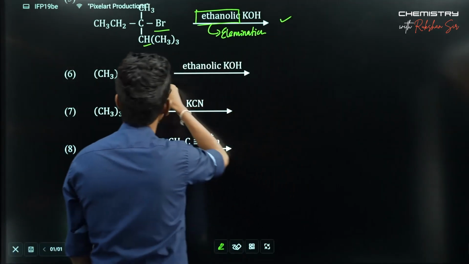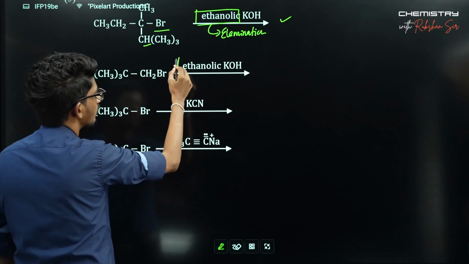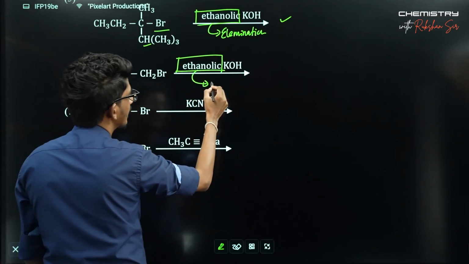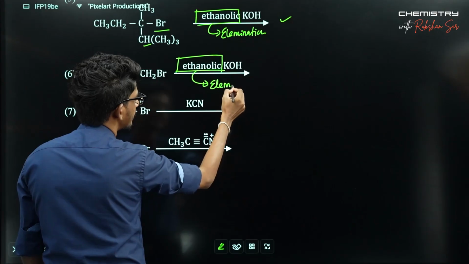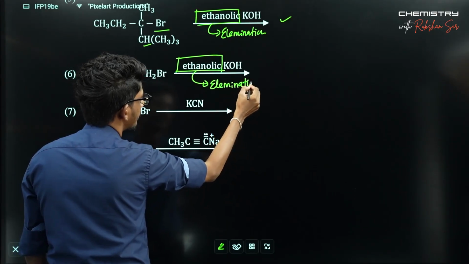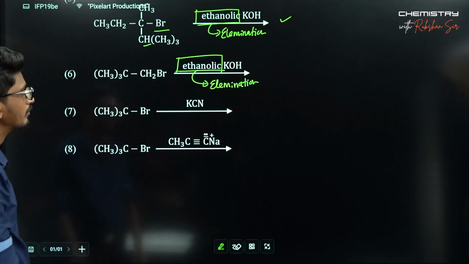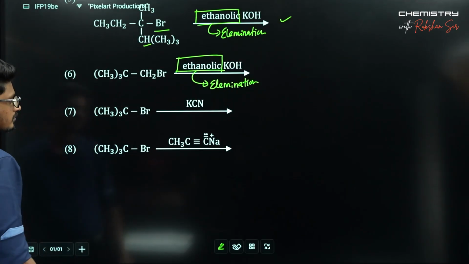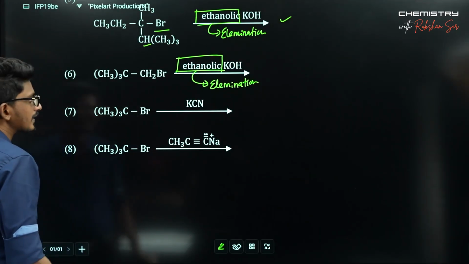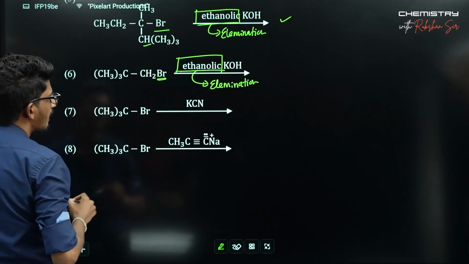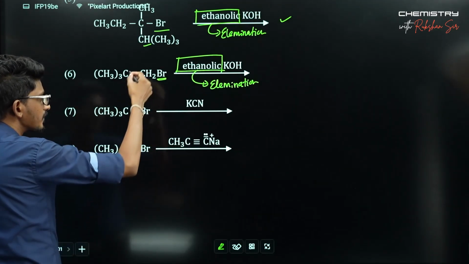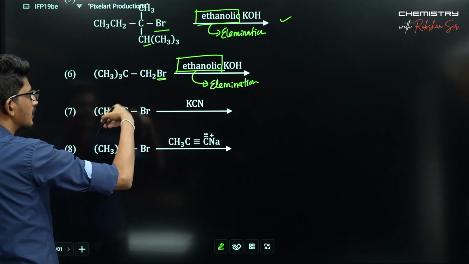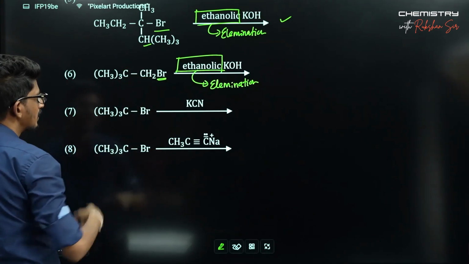And this one, again we are dealing with the ethanolic medium, so we are normally looking for elimination. Elimination means this Br should leave with one of the hydrogens on the carbons adjacent to the halogen bearing carbon.